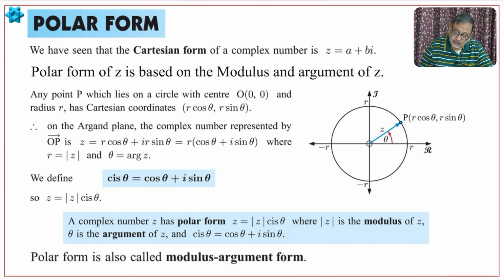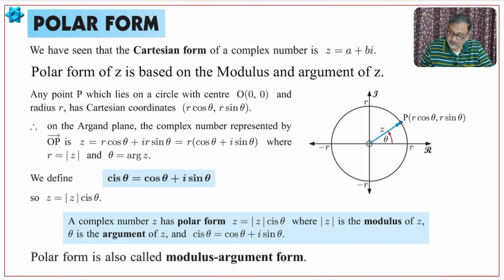And then from this we can say that r is representing the modulus of the complex number, theta is representing the argument of the complex number z. Then we write in polar form cis theta. Cis theta is short form for cos theta plus i sin theta. So z will be modulus of z into cis theta.